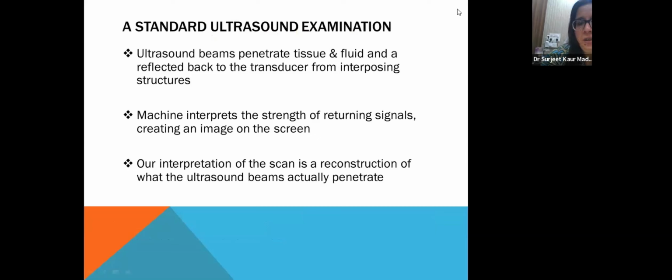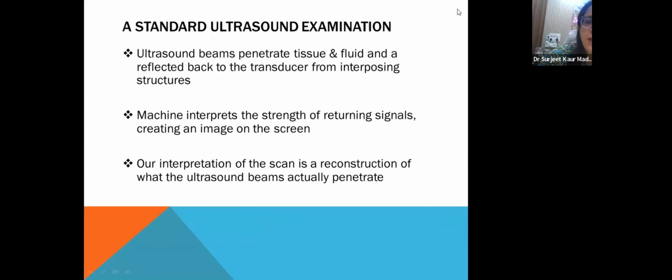During a standard ultrasound examination, the ultrasonic beams penetrate through the tissue, the fluid, whatever structures they hit, and the waves reflect back to the transducer. When the signals reach the machine, it creates an image of the signals it has received on the screen.